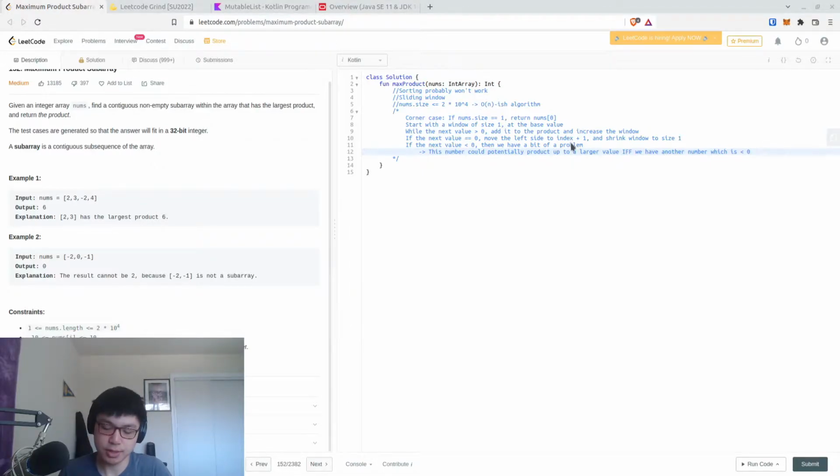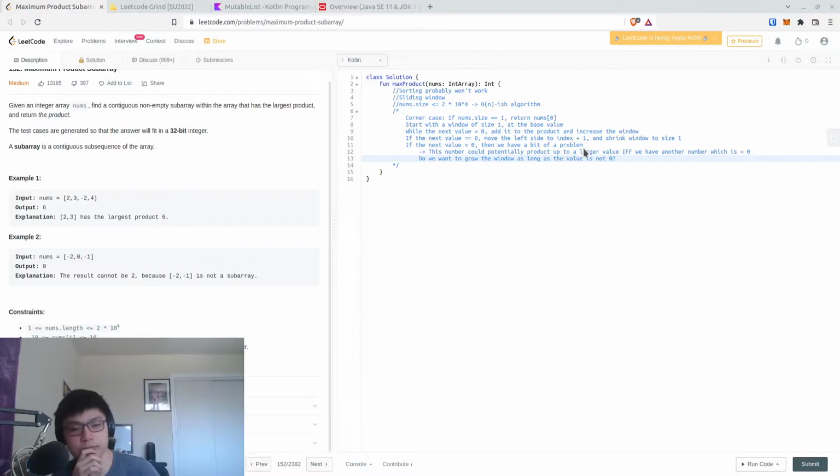So, in that case, do we want to grow the window as long as the value is not 0? Or do we want to avoid the negative numbers unless we know that there are multiple negative numbers within our sliding window?